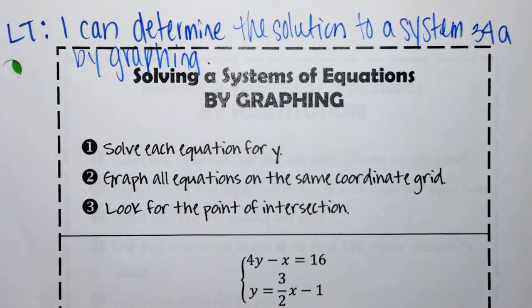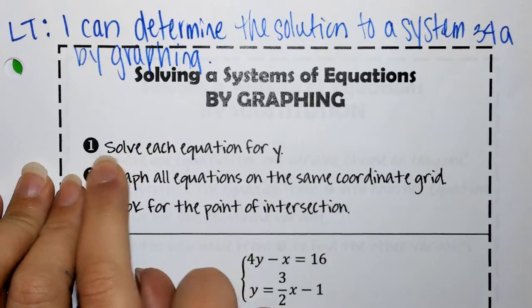So we're graphing to see where they cross each other. Now we have 3 steps to this. That's it. 3 easy steps. Are we ready? Is everybody ready? Are we ready now? Okay, awesome.